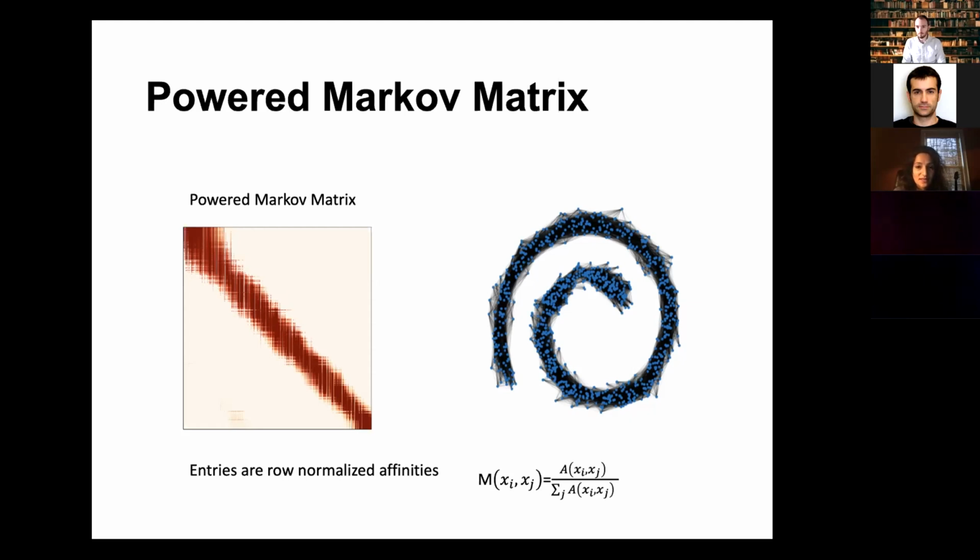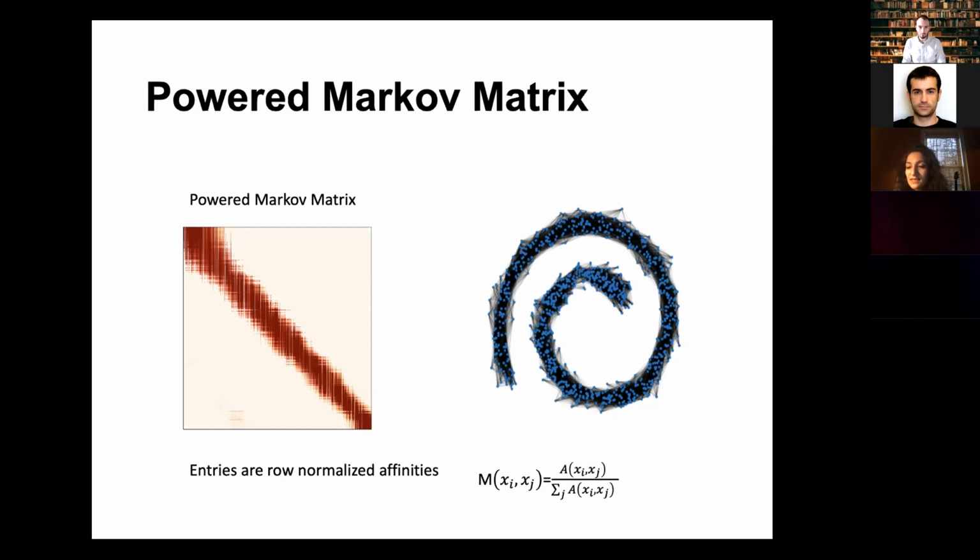This is the basis actually of a paper that Fabian Theis wrote called Diffusion Pseudotime, which uses the concept of a diffusion operator, which we'll talk about at some point. That paper's basis was also in what I'm going to be talking about right now, which is called a diffusion map. And I'll get to that in just a second.